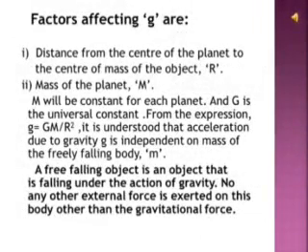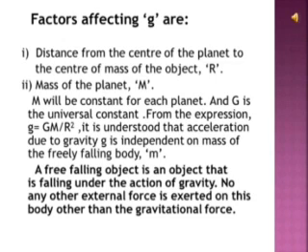Now you are going to study about what are the factors affecting acceleration due to gravity. Let us consider an object of mass small letter m, which is located on the surface of a planet of mass capital letter M and radius capital letter R. Then what are the factors affecting g?